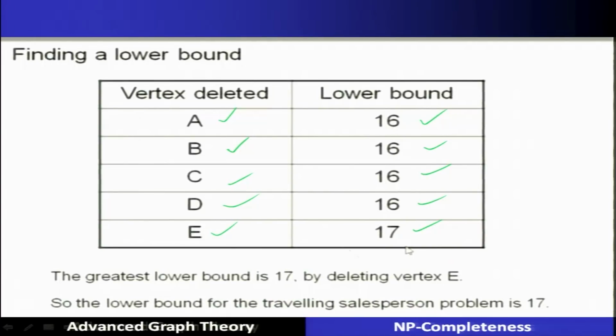So the greatest value among all is 17, hence the lower bound becomes 17, and then we will apply an optimal algorithm on these values.